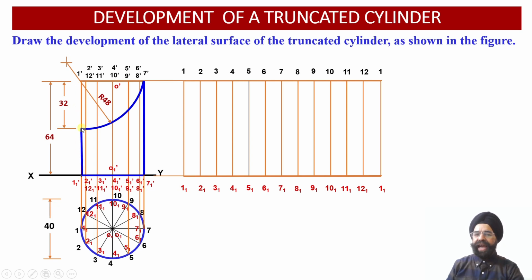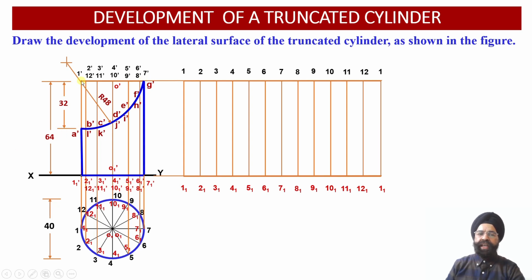Now we see that this circular cut section plane has intersected with the 12 generators of this upright cylinder at 12 points over here. So let us obtain all of these 12 points, as the cutting plane has intersected all of these vertical generators of the circular cylinder at different positions over here.